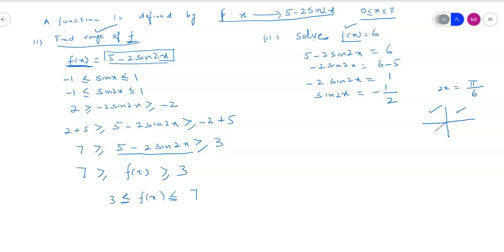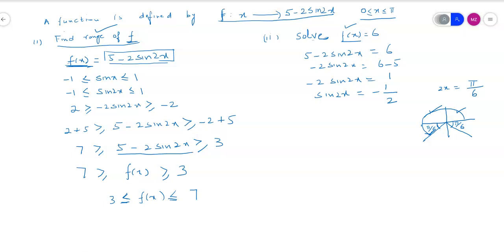Now here we will draw this angle. This is our pi over 6, and we also need to draw the basic angle again in the fourth quadrant, because sine is negative in the fourth quadrant as well. Then we need to find the angle from the positive x-axis to these two angles. This first angle is of course pi plus pi over 6.